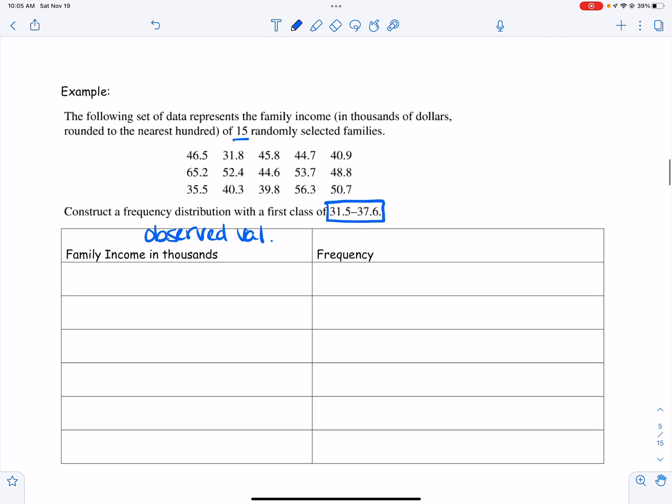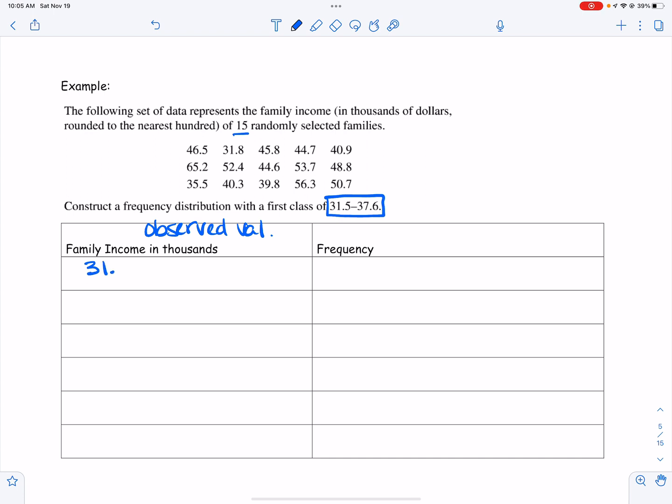So our first class is going to go from 31.5 to 37.6, okay? Now, it's really hard to figure out class widths, especially when you have decimals. So the next class is going to start 1/10 greater than the one that the last class ended with, okay?